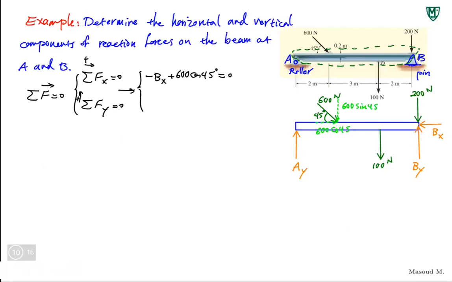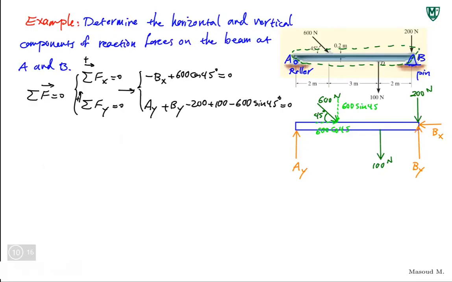Ay plus By minus 200, plus 100, that's also there, and minus 600 sine 45.